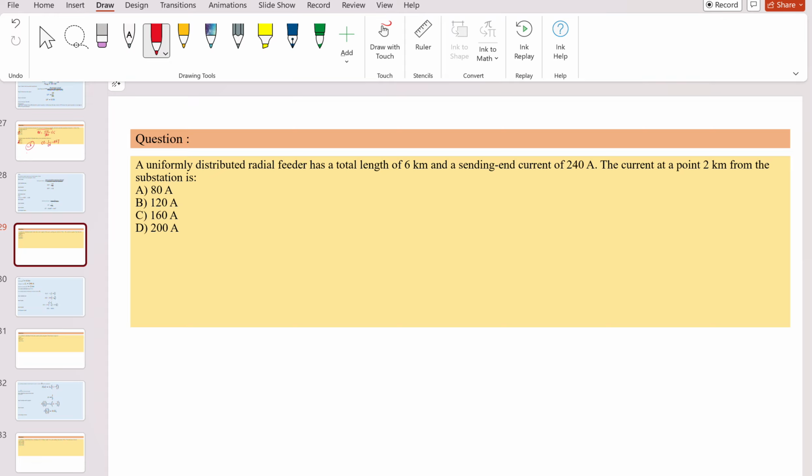So it is written here that you have a uniformly distributed radial feeder. This uniformly distributed radial feeder is very, very important. The total length is given as 6 kilometers, and the sending-end current is 240 amperes. Suppose this is the substation, and you have this feeder, the radial feeder, and then you have this 6 kilometers.